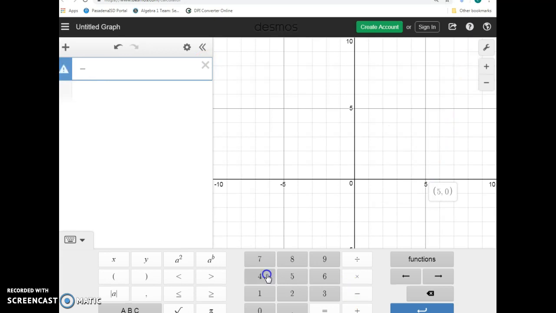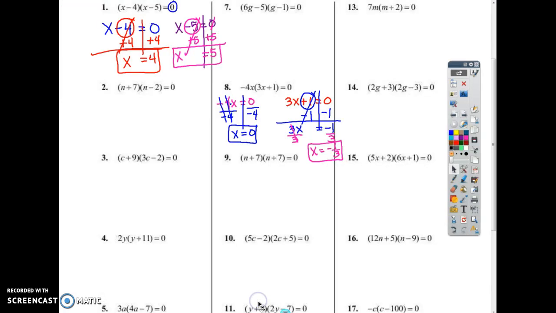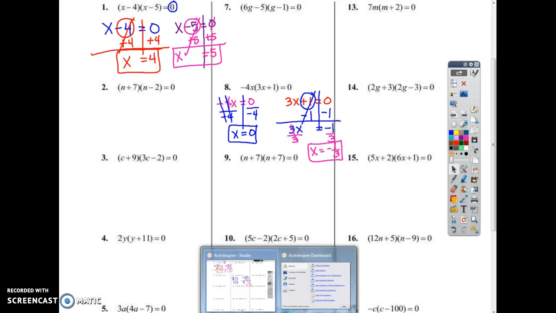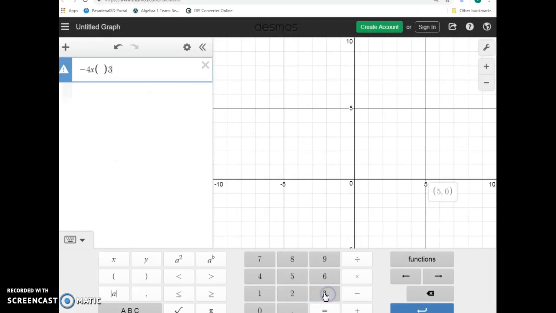Negative 4x, parentheses, what was it? 3x plus 1, close parentheses.